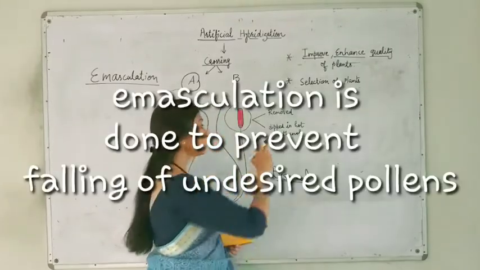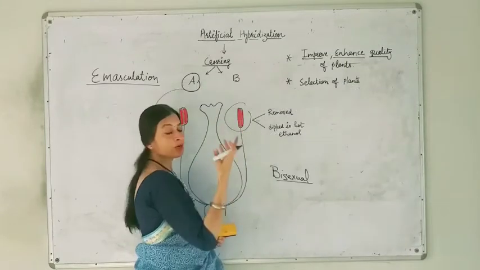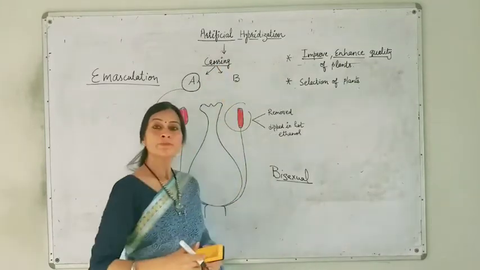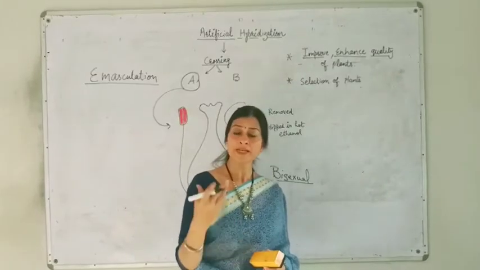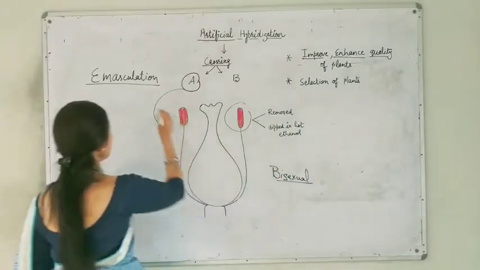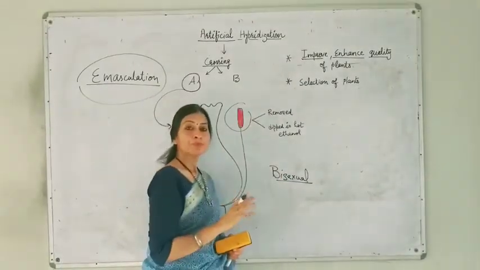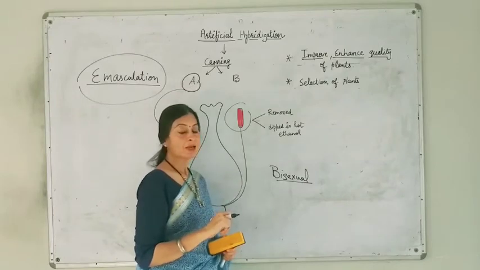Otherwise, if it dehisces, then the pollen can fall over the stigma, and our artificial hybridization program is not going to be a successful one. So we have to emasculate the flower.